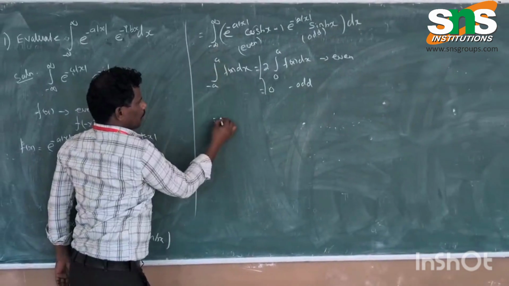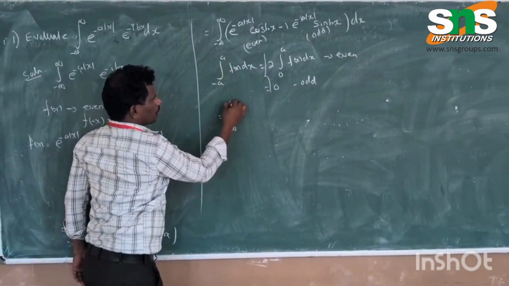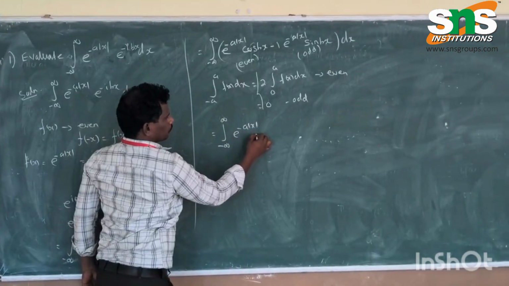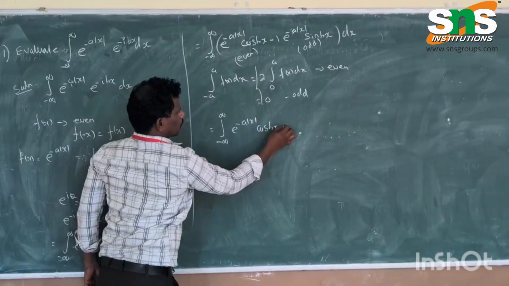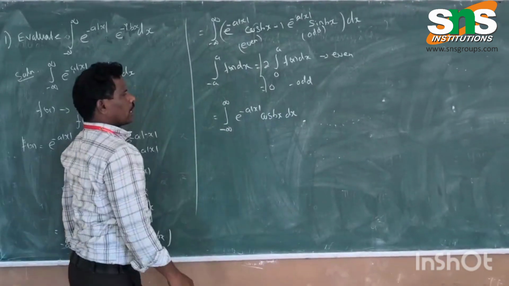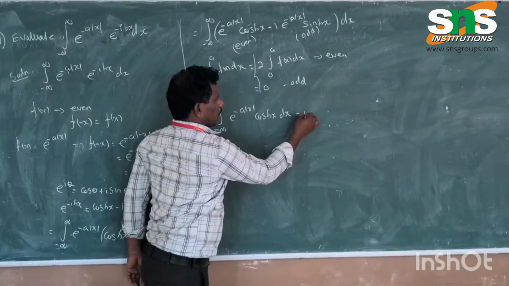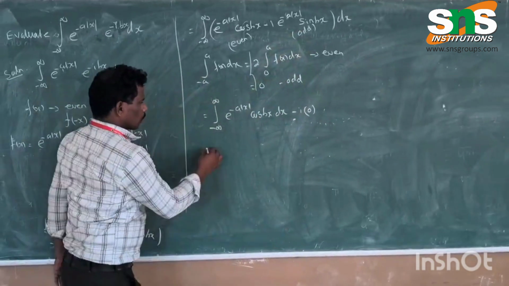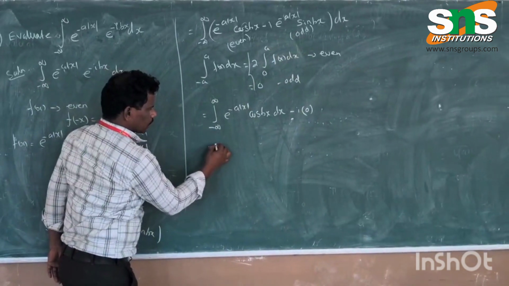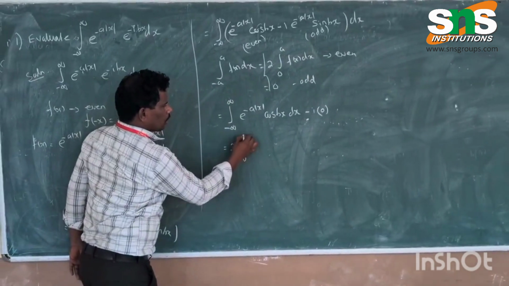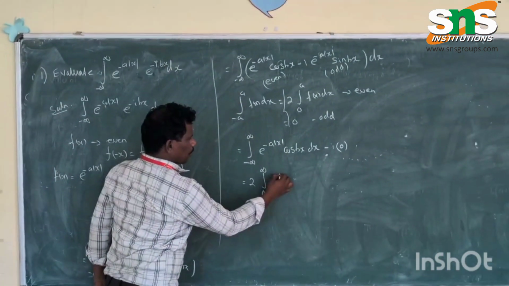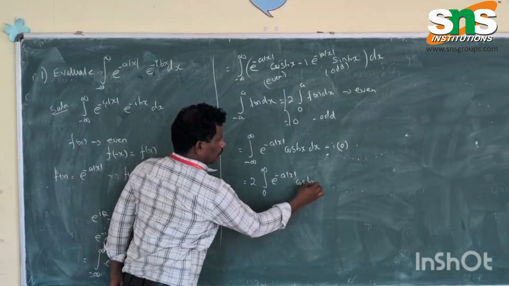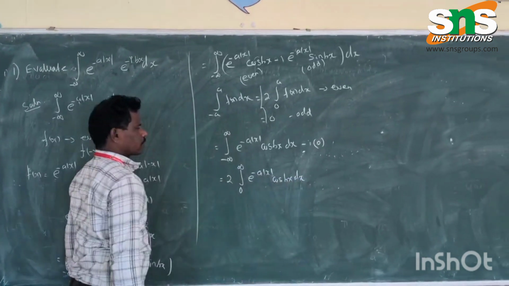Therefore, this can be written as the integral from minus infinity to plus infinity of e power minus a mod x cos bx dx, minus the second integration, which is 0 because it is an odd function. So now we find the integration: 2 times the integral from 0 to infinity of e power minus a mod x into cos bx dx.